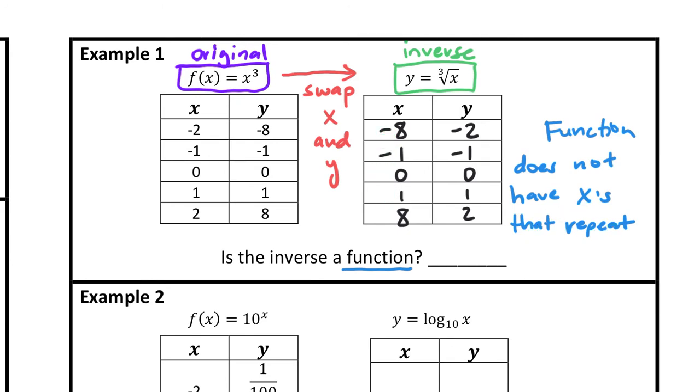If I look at the inverse table and specifically the x values, are any of the x values repeating? No. So that means it is a function, because a function does not have the x's repeating. So we're going to say yes, the inverse is a function.